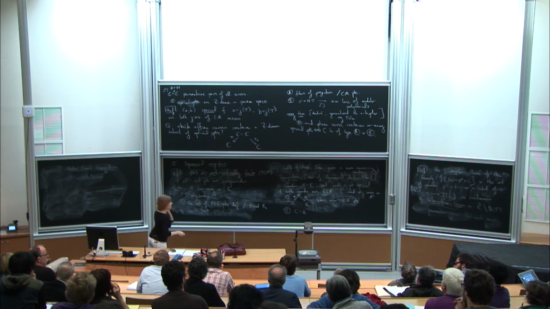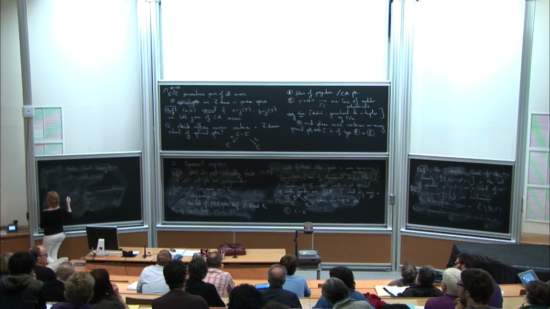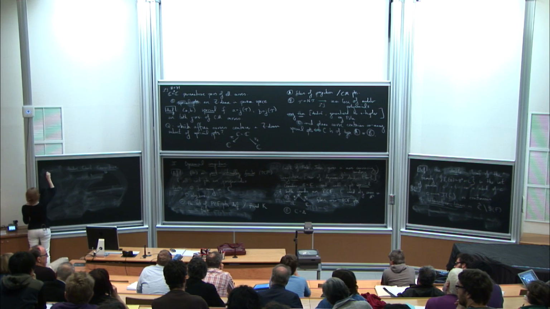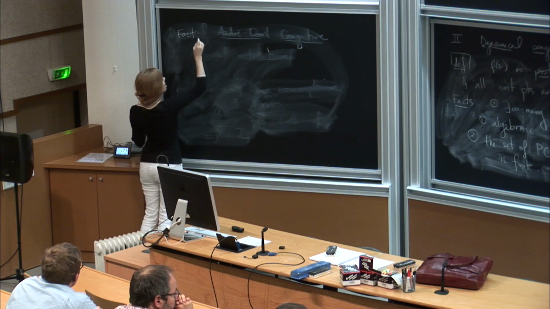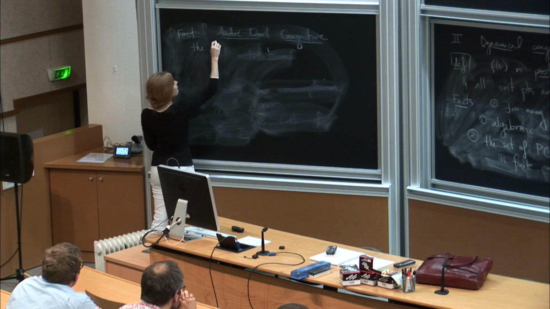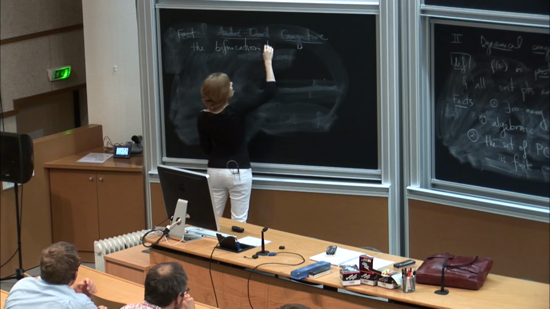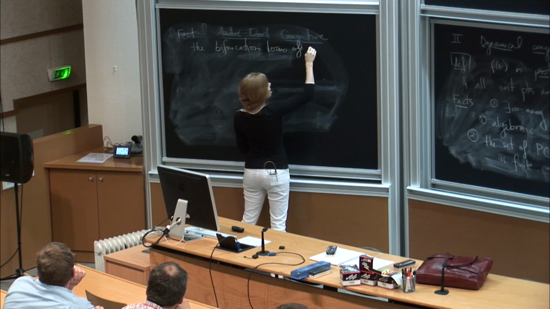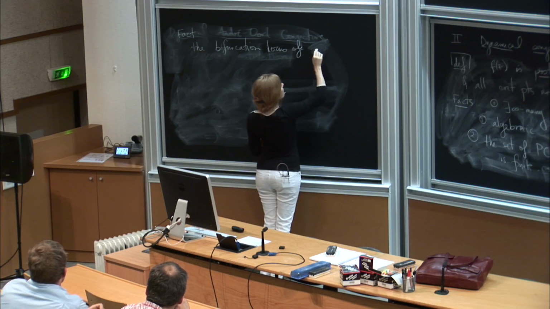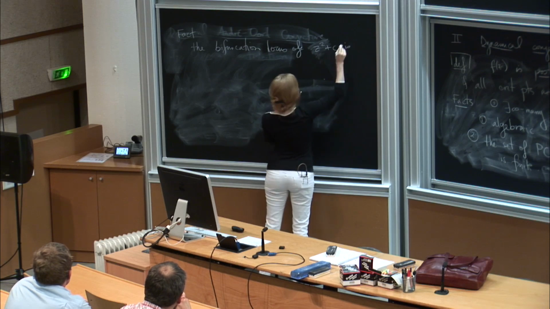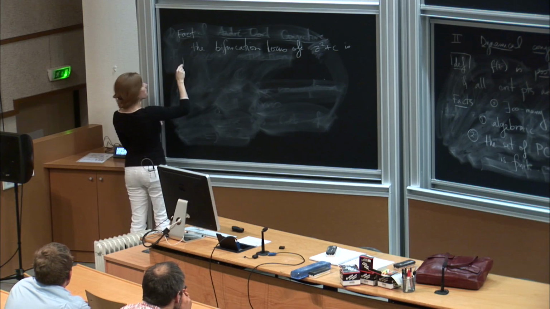Okay. So what is the bifurcation locus of this family, by the way? In fact, the bifurcation locus of the family z squared plus c is the boundary of the Mandelbrot set.